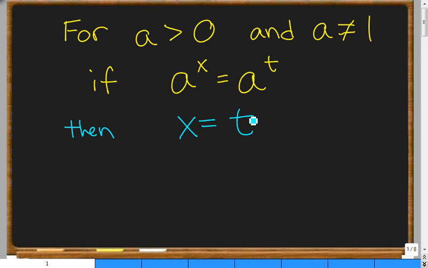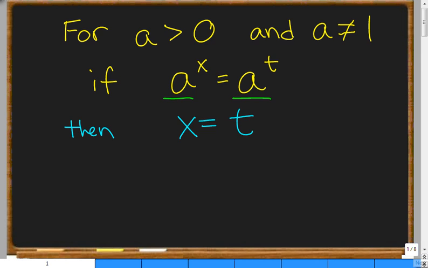So if you have the same base, a, and they have exponents that may or may not be identical, they could be different letters, different variables, different forms of the same thing. It's saying that if you're saying that one base to an exponent equals one base to another exponent, then the exponents have to be the same. That has to be true.